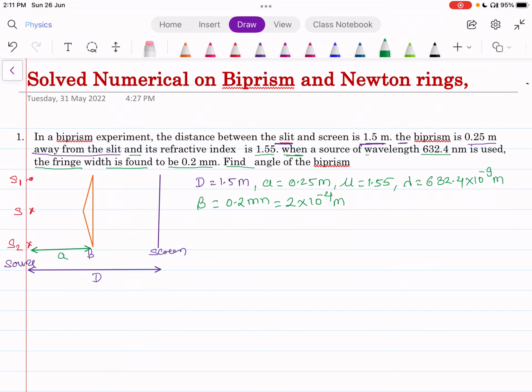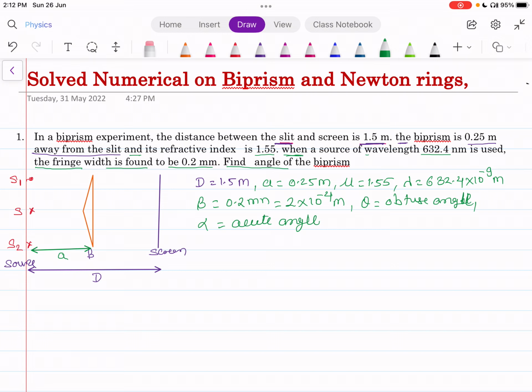And what we have to find is the angle of biprism, that is theta. We have to find the obtuse angle. To find the obtuse angle, you also have to find alpha, which is the acute angle.